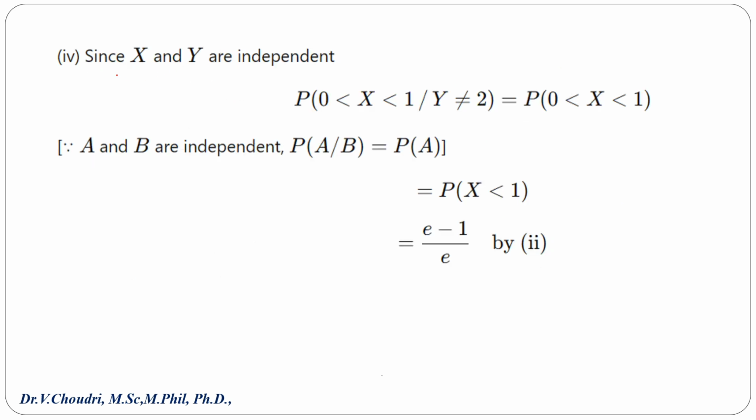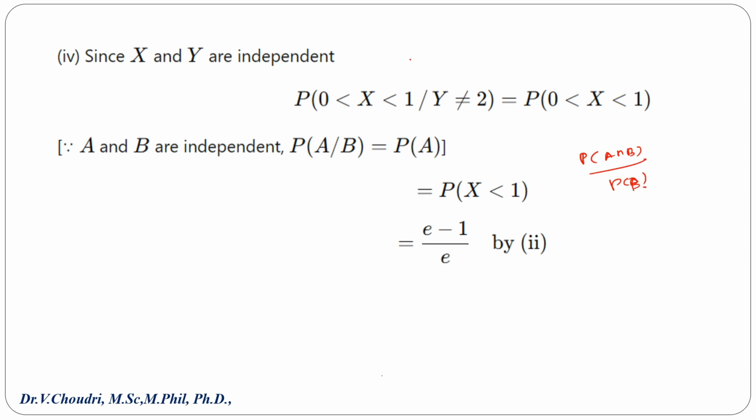Fourth one. Since x and y are independent, we have the formula P of A given B equal to P of A. This is the formula only for A and B independent. Otherwise, P of A given B equal to what? P of A intersection B divided by P of B. Since A and B are independent, we can write only this.